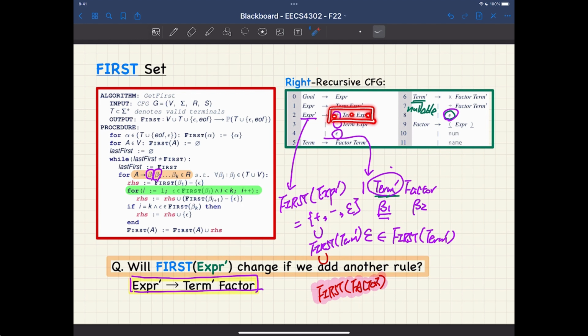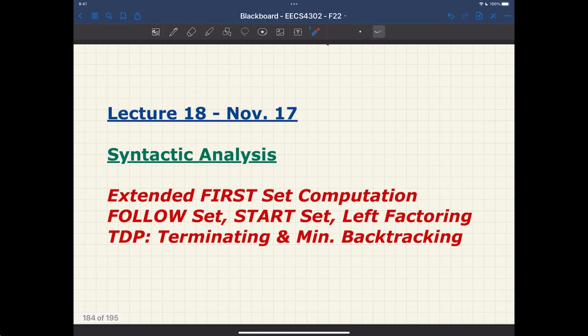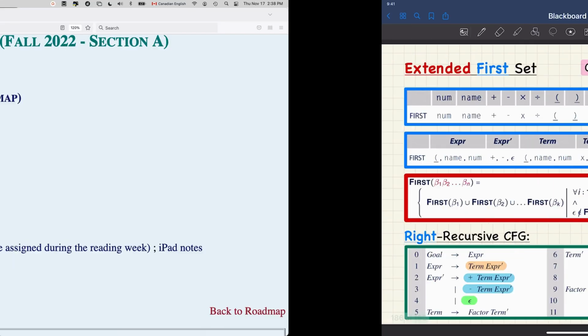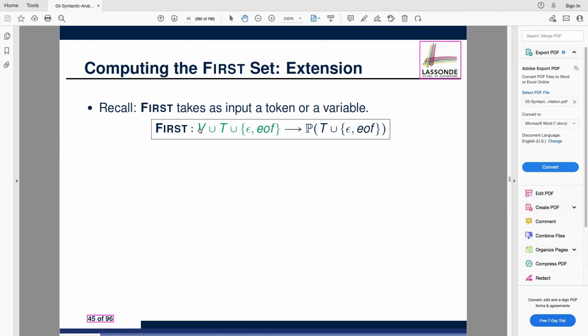That'll be very useful when we later want to put everything together to get the backtrack-free algorithm. Okay, we'll get there. So the first thing to clarify is the first set calculation originally that we talked about on Tuesday is only for a single variable or single terminal.